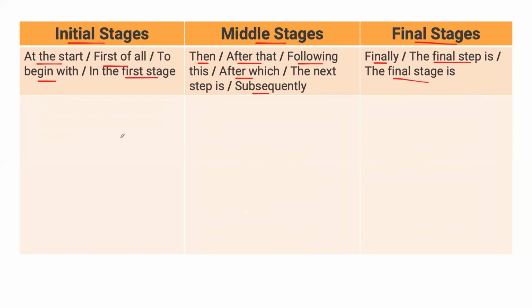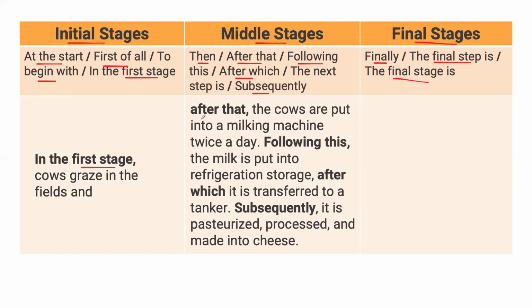Let's look at an example. So we see here, in the first stage, cows graze in the fields, and after that, the cows are put into a milking machine twice a day. Following this, the milk is put into refrigeration storage, after which it is transferred to a tanker. Subsequently, it is pasteurized, processed, and made into cheese.